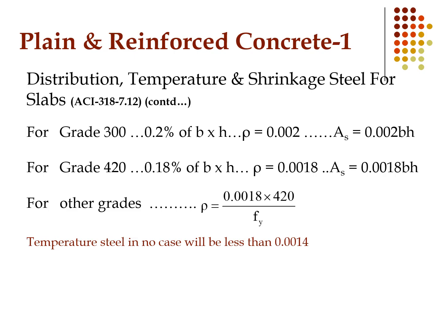Similarly, for grade 420, it is 0.0018 B times H. If we are using some other grades rather than 300 and 420, then we calculate rho equals 0.0018 multiplied by 420 divided by Fy. In no case should distribution, temperature or shrinkage steel be less than 0.0014.